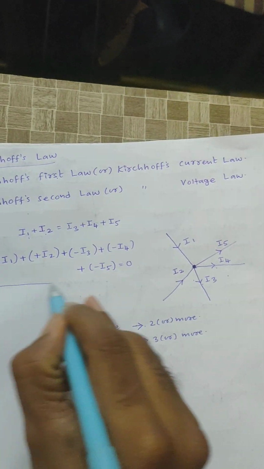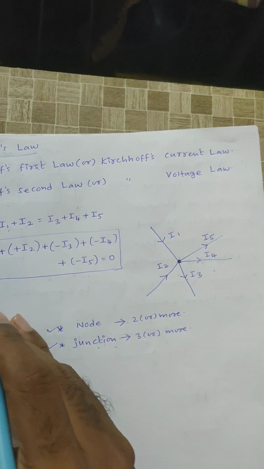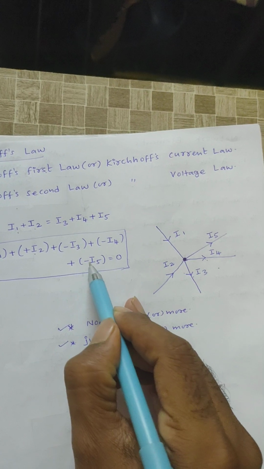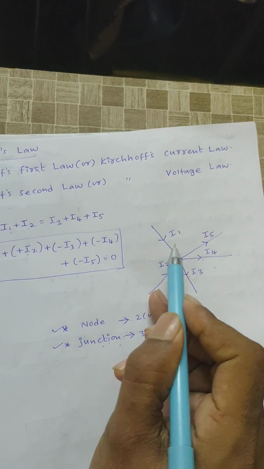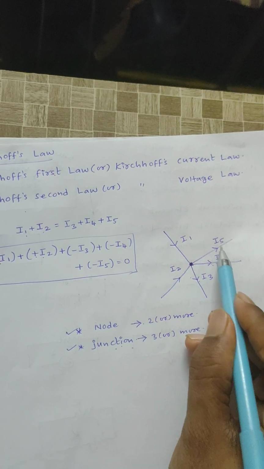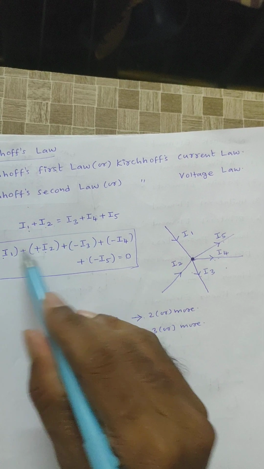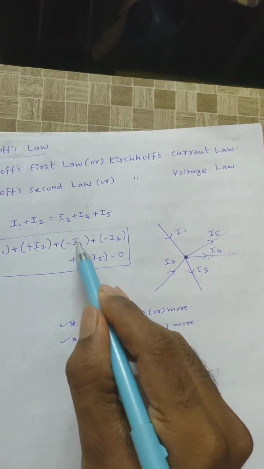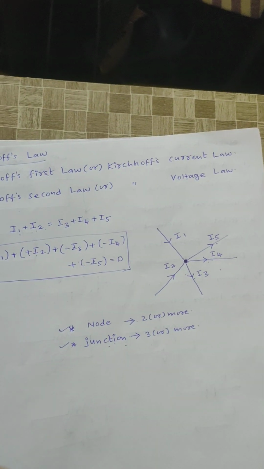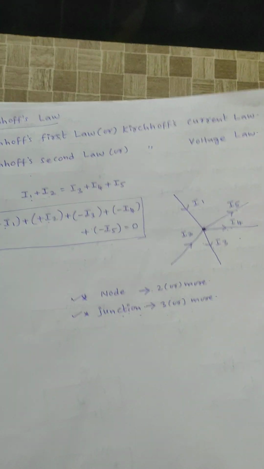This is from statement 2: the algebraic sum of all currents meeting at a junction is equal to 0. Towards the node is positive, away from the node is negative. Again you will get the same value: I1 plus I2 is equal to minus I3 minus I4 minus I5. If I take it to the RHS, you will get I3 plus I4 plus I5.